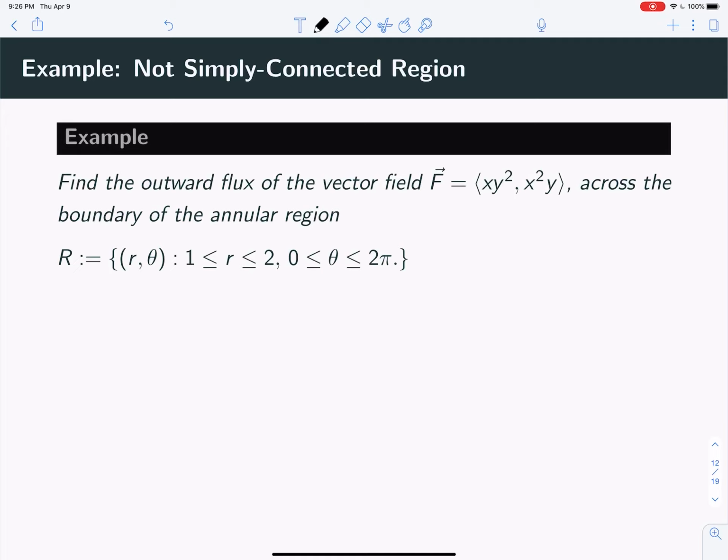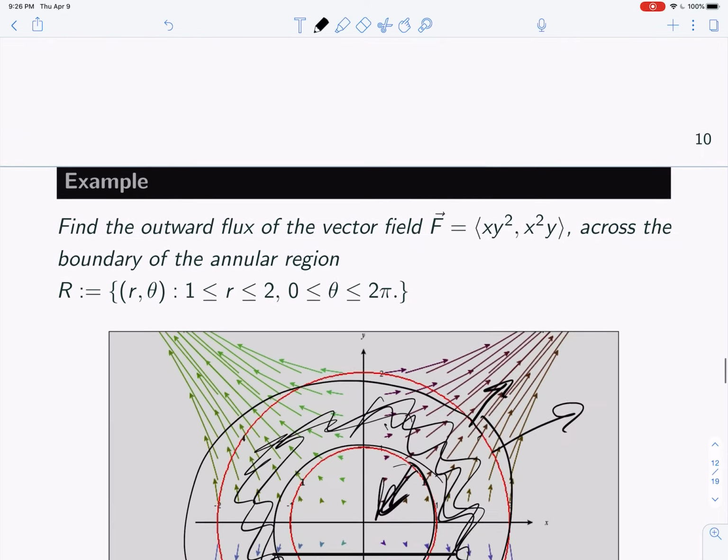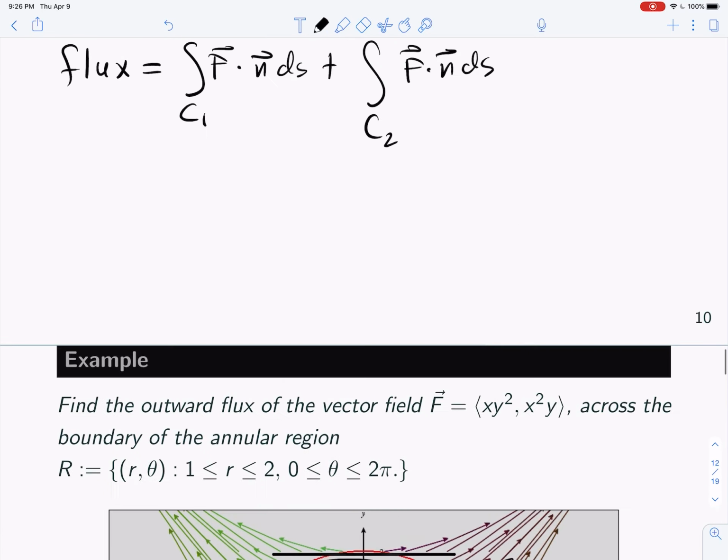Okay, so essentially the flux is going to equal C1 of f dot n ds plus C2 of f dot n ds, where you've got C1 here and C2, those two circles.